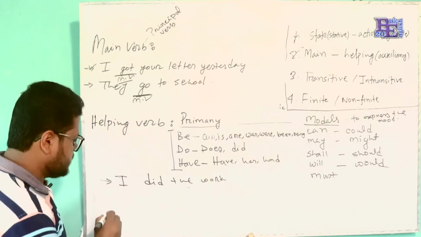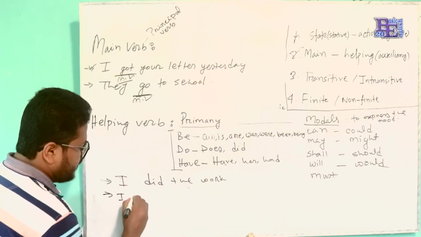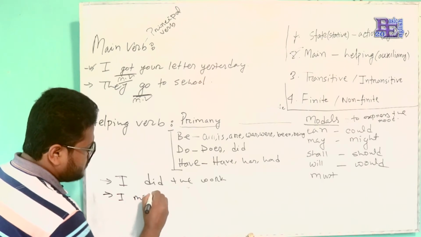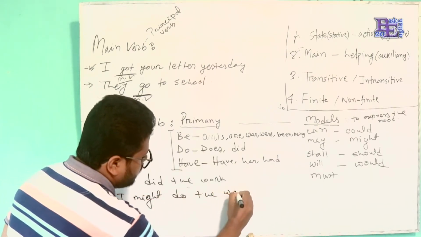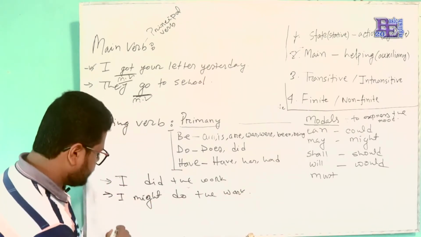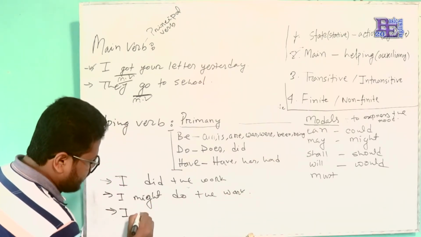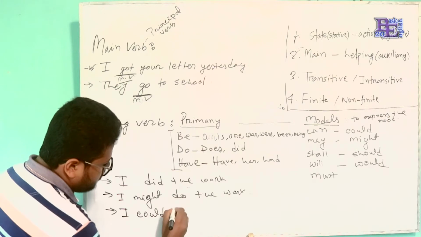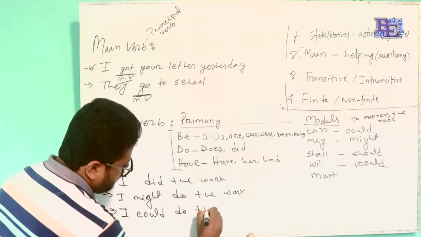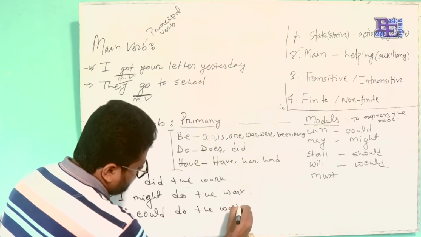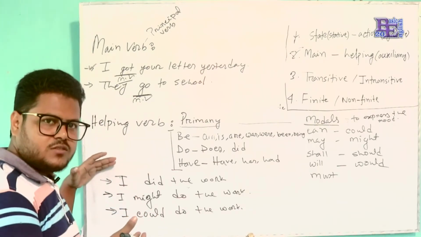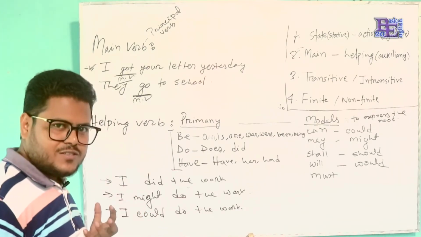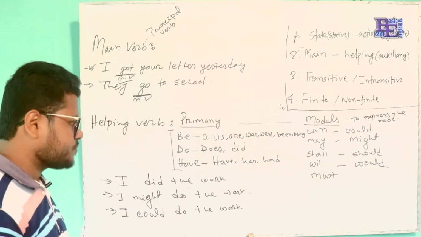Or another sentence, I might do the work. Another one, I could do the work. Have they expressed the same meanings? There is a difference. So let's see, is there any difference?